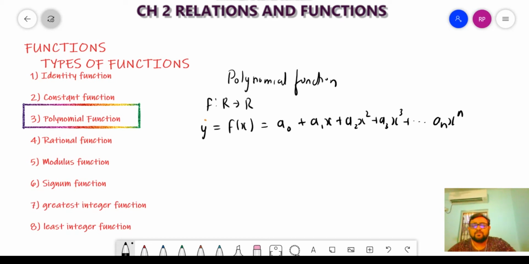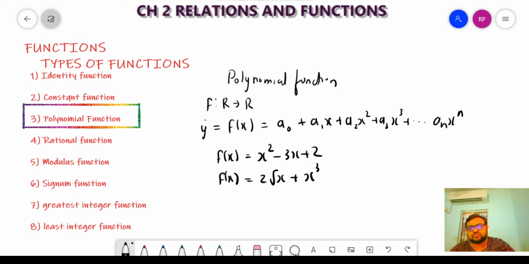Okay, clear? So if I take an example, f(x) will be equal to x square minus 3x plus 2, f(x) equal to 2 root x plus x raised to 3, and so on. These are the examples of polynomial function.